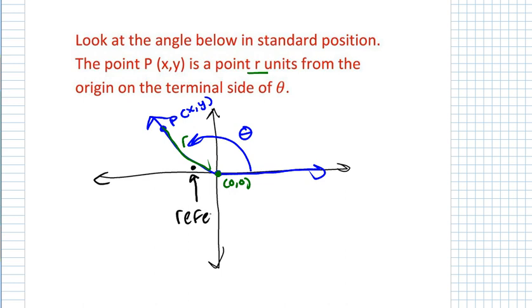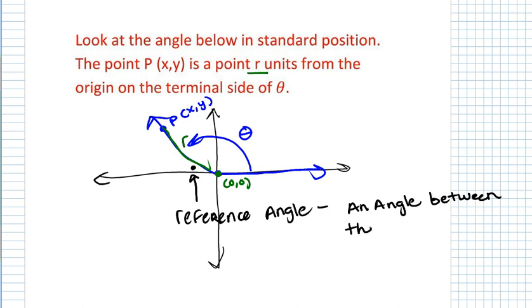The reference angle is defined as the angle between the terminal side and the x-axis. So notice, I rotate this angle here. There's a little reference angle created right here between the angle and the x-axis. This is my reference angle.